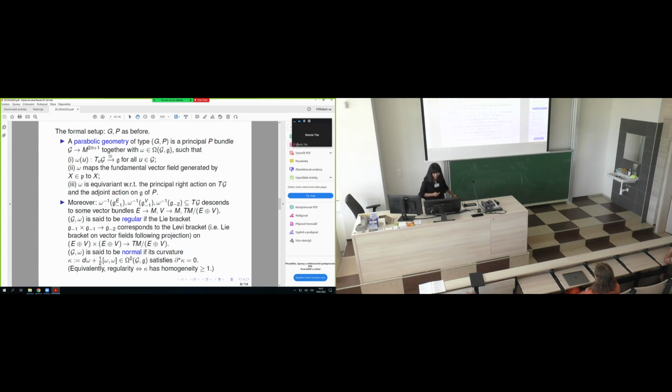And we say that a parabolic geometry is regular if such correspondence is passing the Lie algebra from g_{-1} to g_{-2} to the Levi bracket from the subbundle to the quotient bundle, where the Levi bracket is defined as a Lie bracket on vector fields following the natural projection.